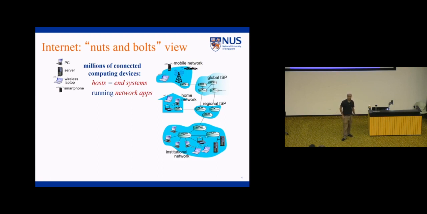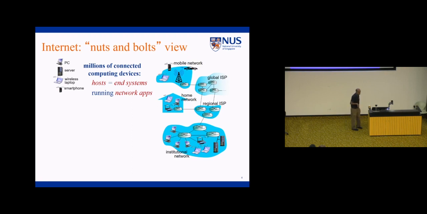And that would be like my phone here, my laptop, the desktop here, maybe the servers run by Google. So these are the computers that actually want to somehow exchange data. So that will be my end system or host.